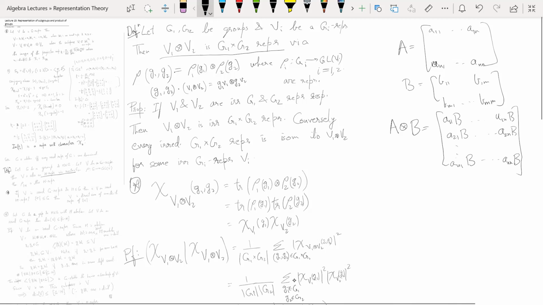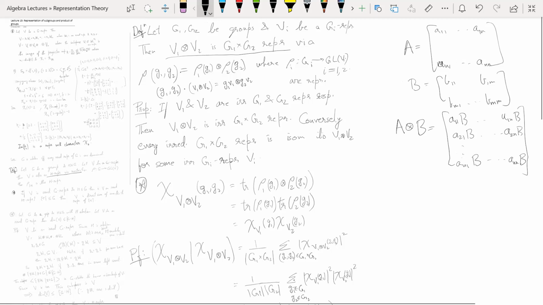If you want to compute the trace of this tensor product, the trace is just the sum of the diagonal entries. So it is A11 times trace of B plus A22 times trace of B plus Ann times trace of B. That is the same as saying it is the trace of the first matrix times the trace of the second matrix.